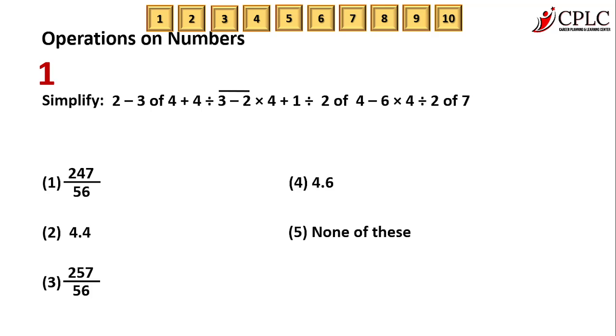So the priority orders, clearly there is a vinculum, and vinculum always has the highest priority. So we are going to use that. So vinculum is present on 3 minus 2. So clearly 3 minus 2 we have to solve first.